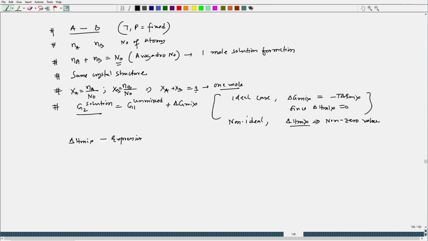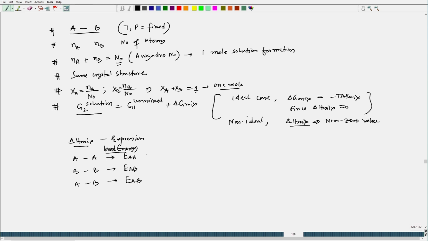When we talk about AB solution formation, we can have 3 bonds. What are those 3 bonds? AA, BB and AB, and they have the bond energies EAA, EBB and EAB.